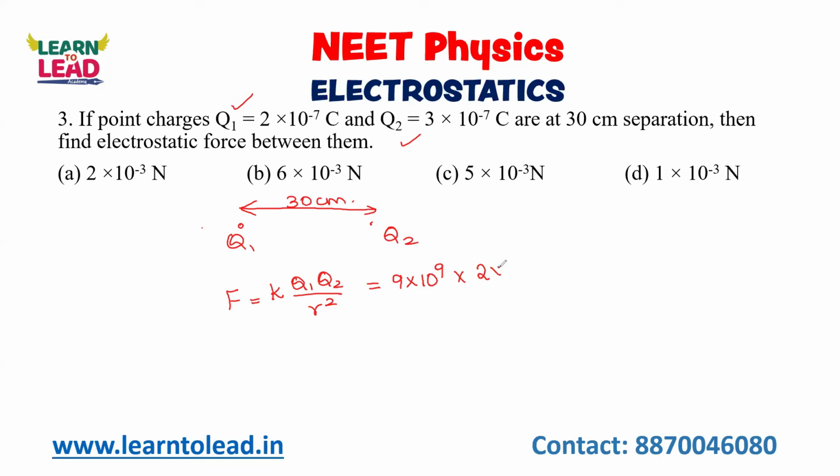Substitute Q1 as 2 into 10 to the power minus 7 and Q2 as 3 into 10 to the power minus 7, divided by R square. They are separated by 30 centimeter distance. Substitute as meter: 30 into 10 to the power minus 2, the whole square. If you solve this, you will get 6 into 10 to the power minus 3 newtons as your answer.